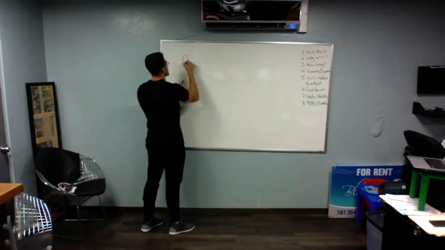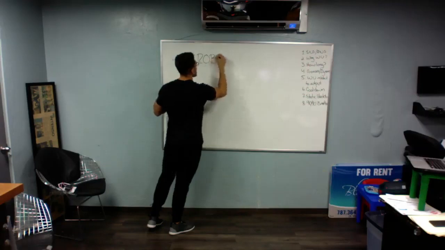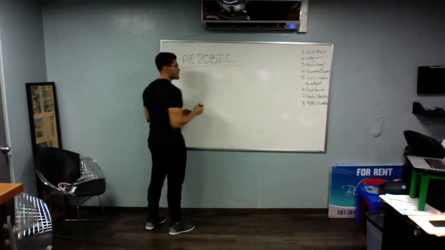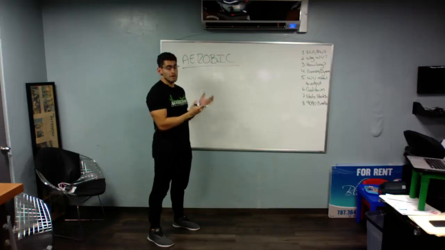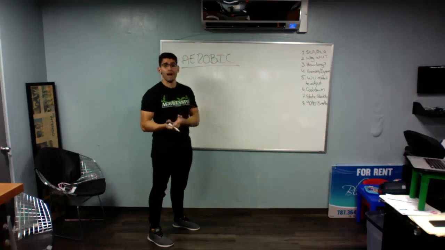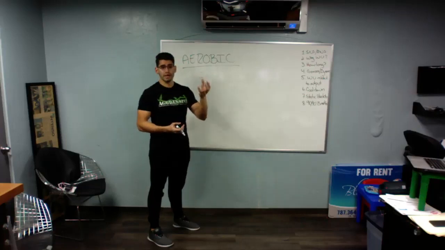So if we go aerobic, literally the warm-up and everything related to aerobic is going to be aerobic. So if you have intervals on the bike, intervals on the rower, running, anything that's just going to be cyclical, an aerobic piece, or it can be mixed cyclical.